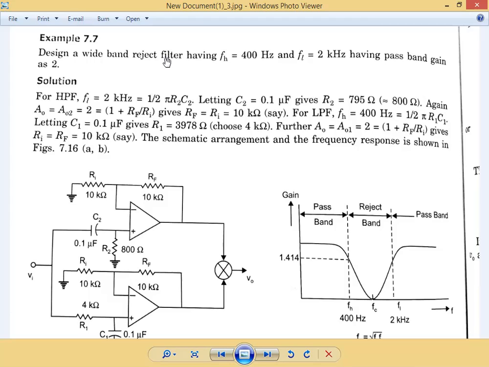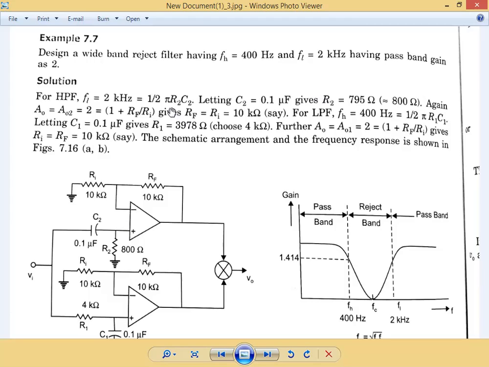As the R and C values are R2 and C2, we are going to assume the C2 value and obtain the R value with the help of the given frequency. When we find this R value, it comes to around 795 ohms, so we are going to approximate it to 800 ohms and replace it here.